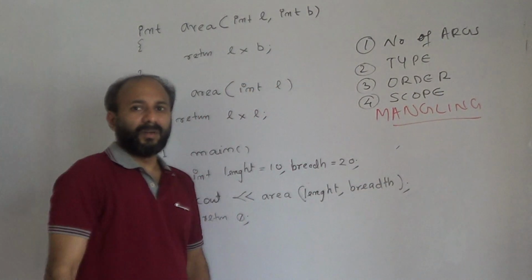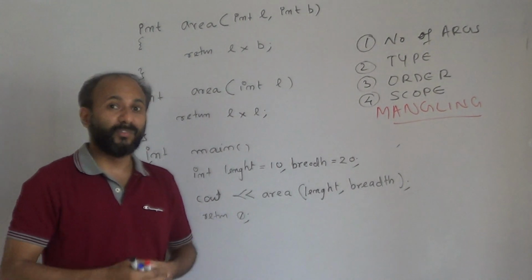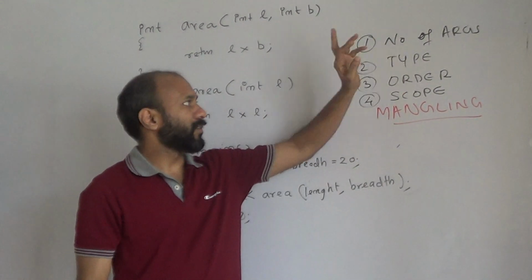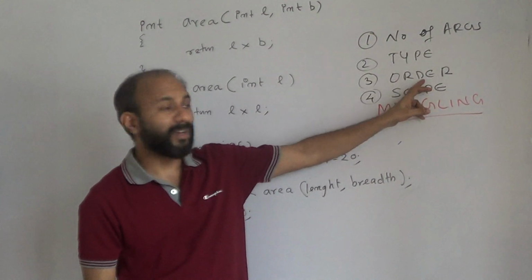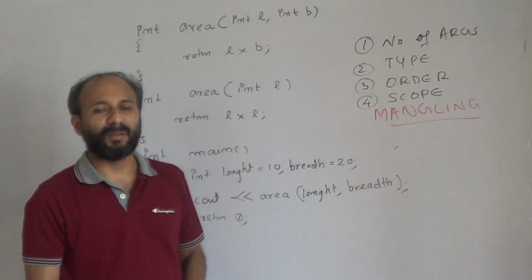Name mangling is nothing but changing the name of a variable or a function with the help of the number of arguments, order of arguments, type of arguments, and scope of the arguments or functions. This is known as name mangling.